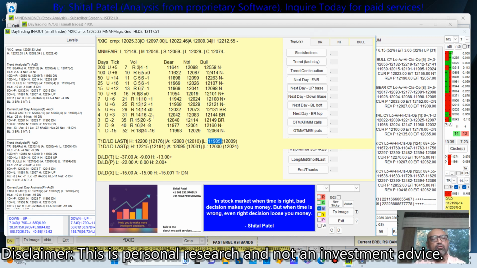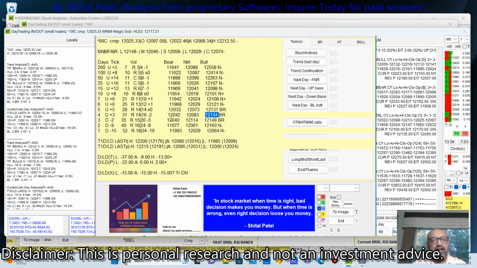There is an up to 4D positive slope, and the last 3 days turned negative, and the cumulative is negative 15 slope. So if we see the 4D positive area, the bearish top is 12042, and bullish bottom is 12144.